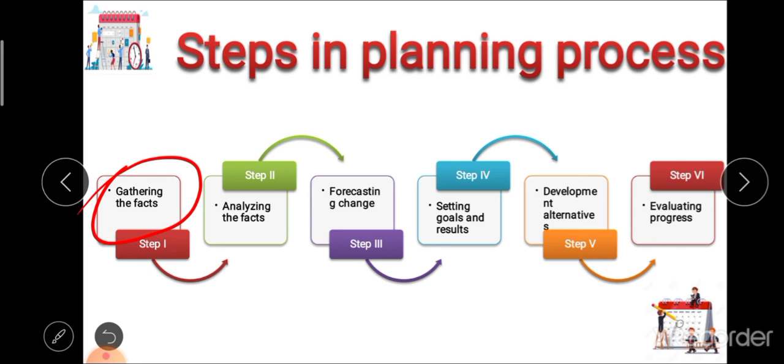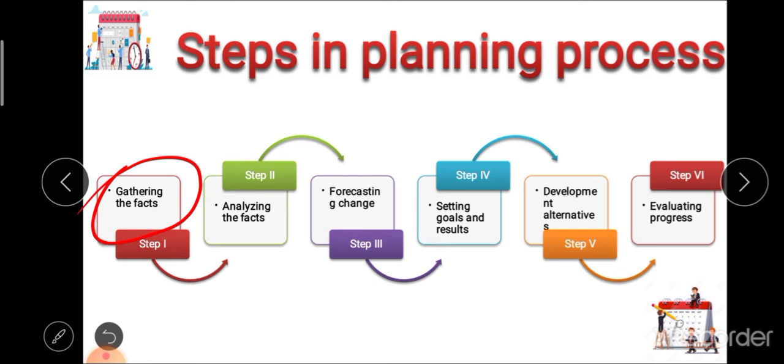The broader, more complex and longer range the plan, the more difficult it is to foresee results accurately. Forecasting is interrelated with all other steps of planning. Forecasting change is not a guessing game, but is based on a disciplined approach to planning.